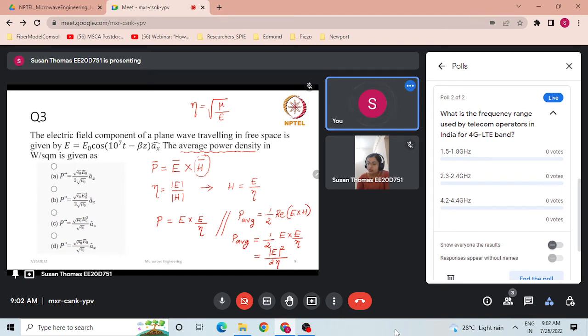So rewriting this using eta, I can get P average is equal to mod E, or I can write it as E naught square also, because it's a magnitude, divided by 2. Instead of eta, I can write it as root of mu by root of epsilon.